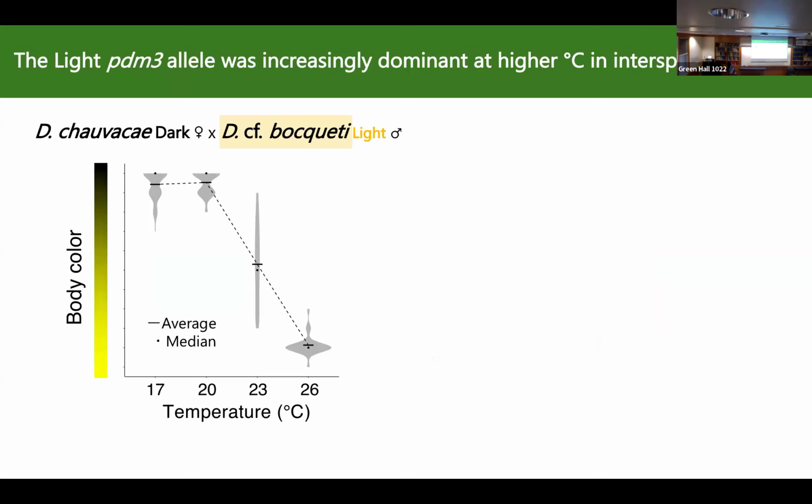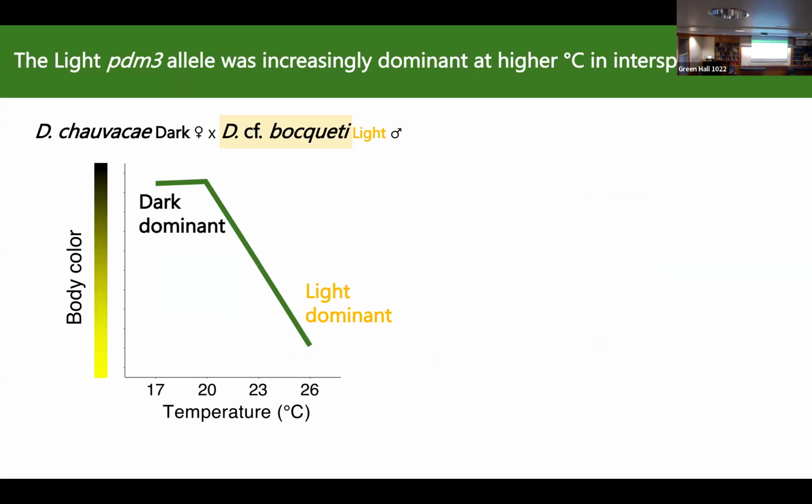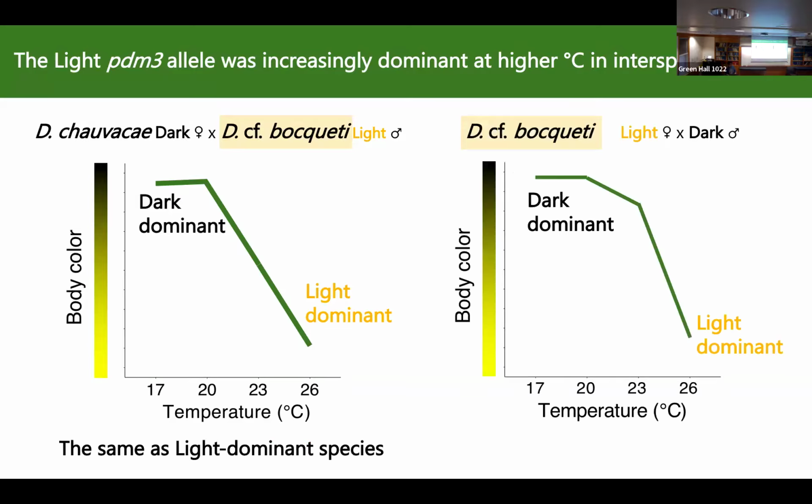Drosophila Shobaka dark strain and Bocchetti, the light dominant species, light strain. It had phenotypic plasticity in the F1 hybrid. The dark allele was dominant under lower temperature and the light allele was dominant at the higher temperature. This phenotypic curve is really similar to the intraspecific cross in the light dominant species Bocchetti.